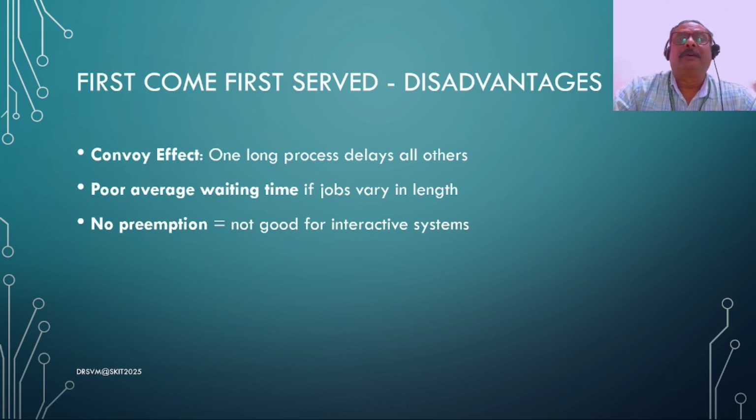And hence, when we are working on interactive systems, definitely this non-preemptive type of scheduling is a little annoying, creates too much irritation, because it's not responding immediately.